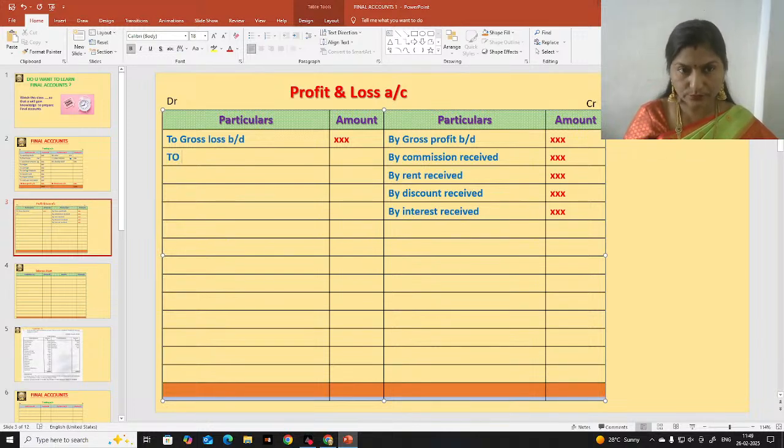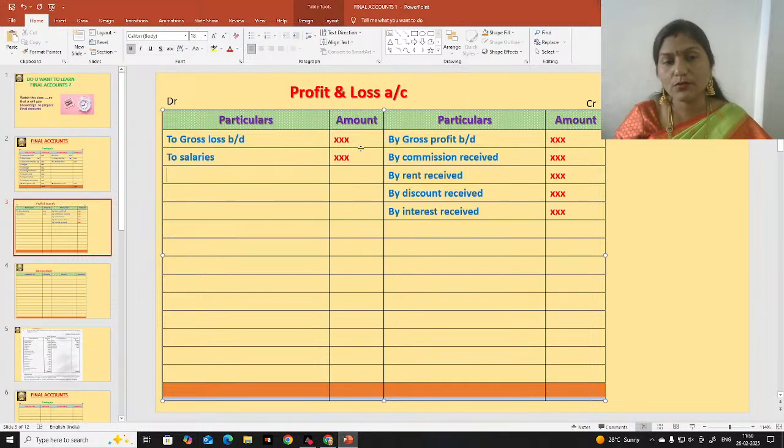To salaries. So these are compulsory and regular items that are going to appear as expenditure. So you should concentrate and remember all these items.